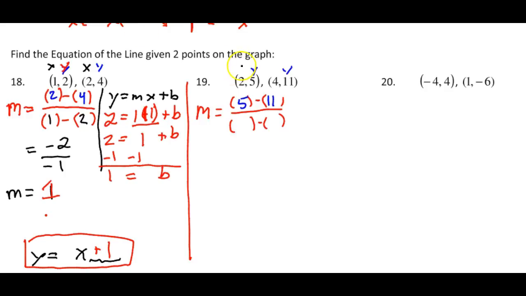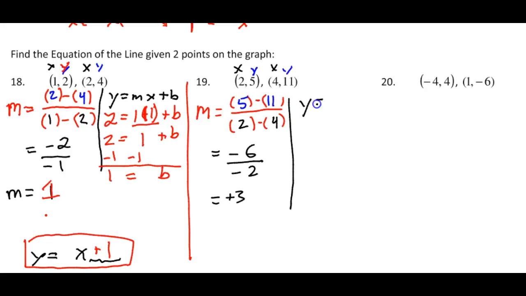And x is on the bottom, 2 and 4. So 5 minus 11 is negative 6. 2 minus 4 is negative 2. And negative 6 divided by negative 2 is positive 3.